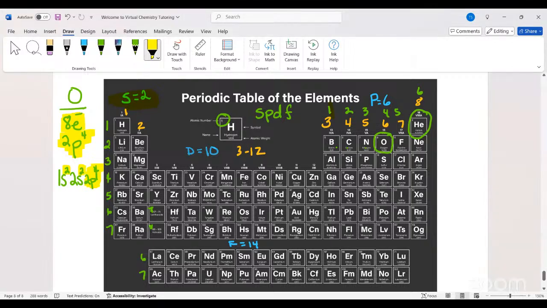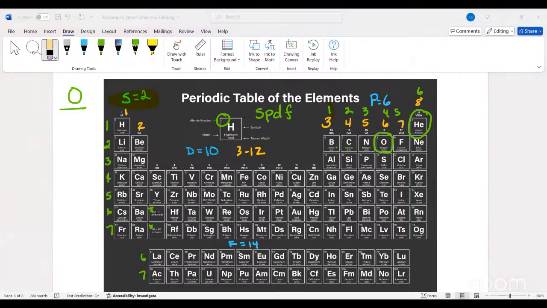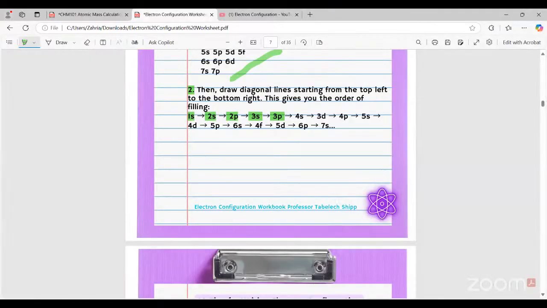Now, because they're in the third period, that means after we get through with the second energy level, we're going to head on to the third energy level. And again, for those of you that may have forgotten, or you just stepped in, let me go back to my reference here on the purple handout that you just saw me put up.